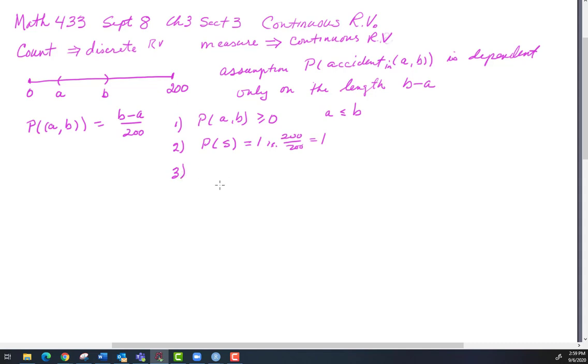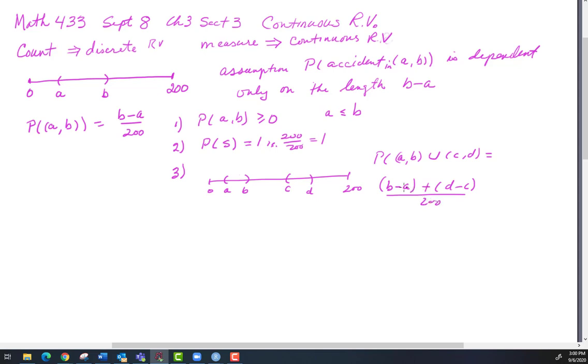And 3, if we take disjoint intervals, so here's our 0 and here's our 200, and if we take disjoint intervals, AB and CD, then the probability of an accident in AB union CD would be equal to B minus A, it's the length of the interval, or the combination of intervals, plus D minus C over 200.